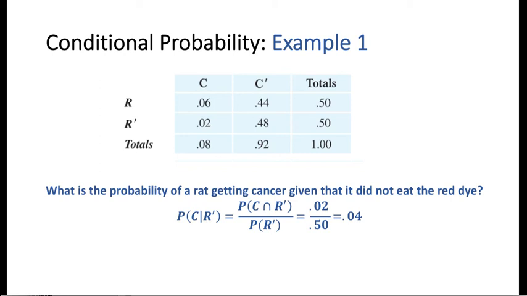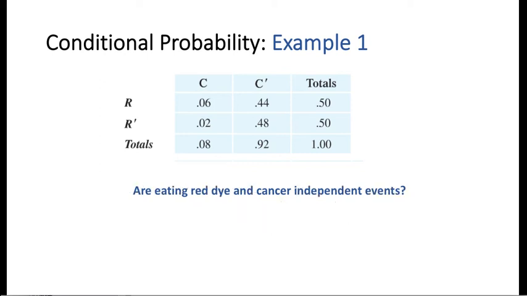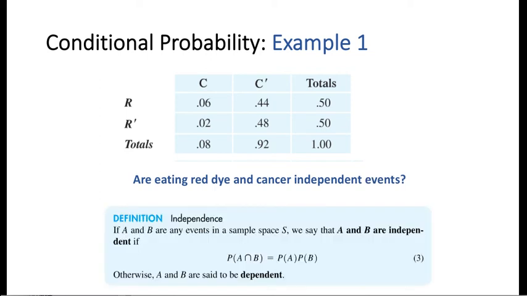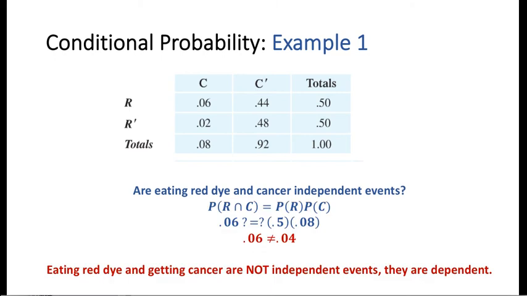One other thing I want to show you here is this idea of independence. This comes up a lot in probability. So are eating red dye and cancer independent events? The formula for testing for independence is: if two events, A and B, are independent, then the probability of A and B happening is equal to the probability of A times the probability of B. Let's see what happens with our red dye and getting cancer.